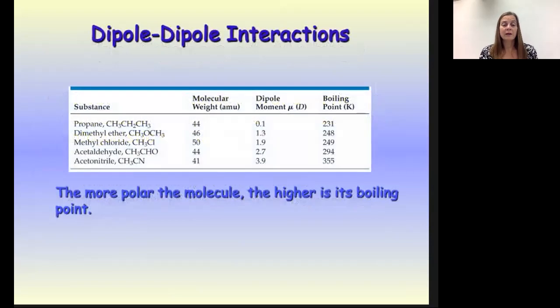So if we look at our dipole-dipole interactions, we can see that the more polar the molecule is, the higher its boiling point becomes. So the more polar it is, the more likely it is to be a solid at room temperature.